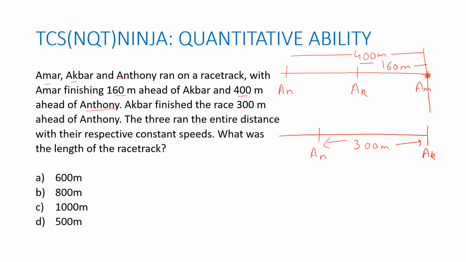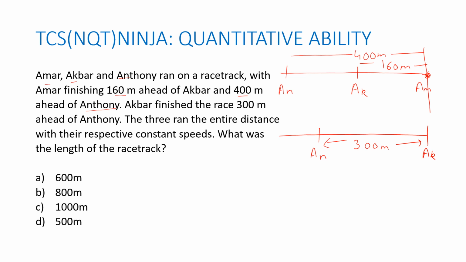But okay, let's keep it simple. What is given, we'll just move accordingly, and when we move accordingly, there would be something which we can think and connect. What is going to be the length of the racetrack? Okay, so let's have a look at what we can work with.